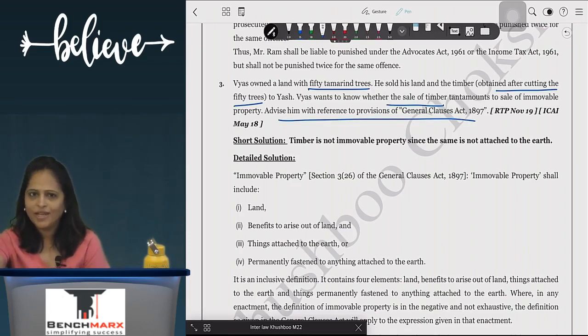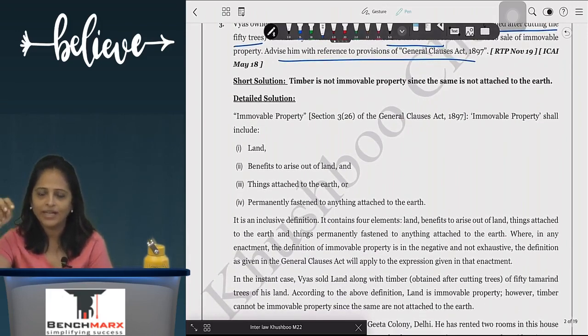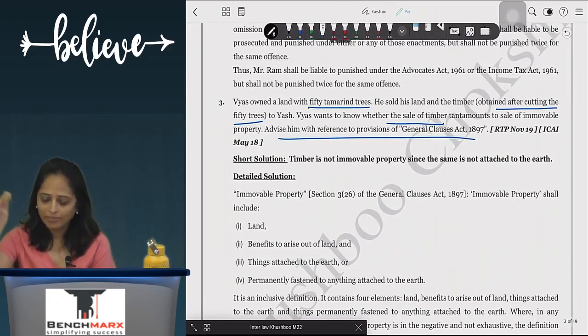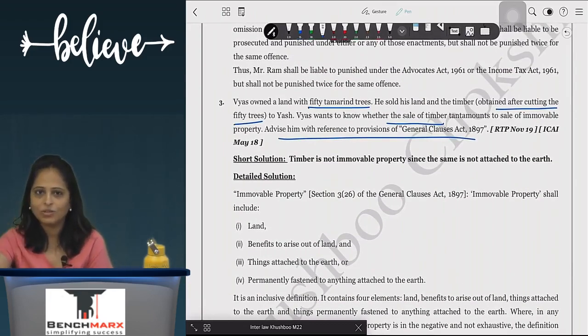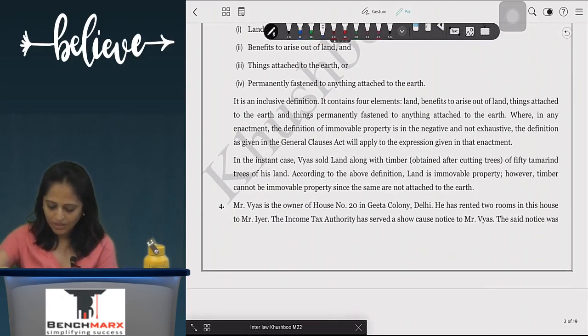Sale of land is sale of immovable property. Immovable property has these things: land, benefits to arise out of land, things attached to the earth or permanently fastened to the earth. But timber is something which has already been cut and given. So that is not immovable property because it is not attached to the earth.